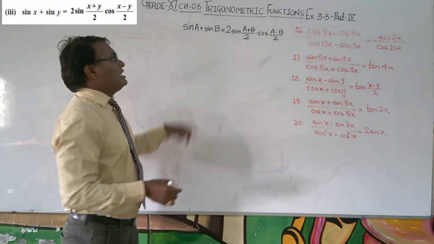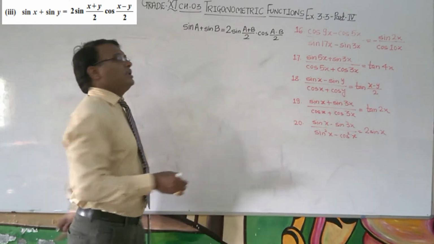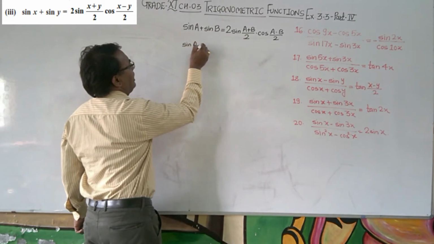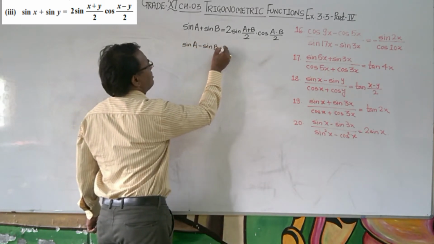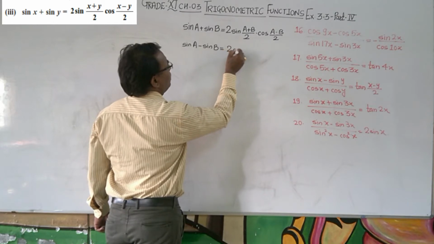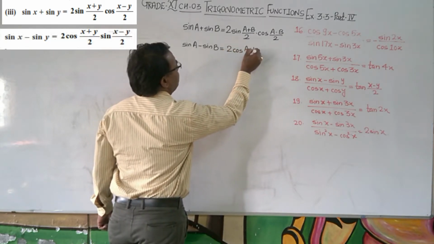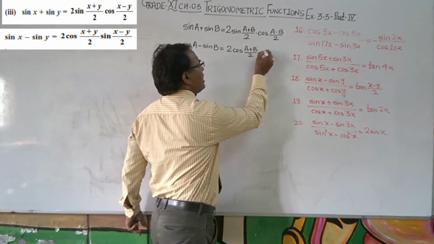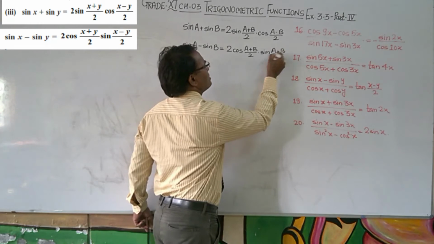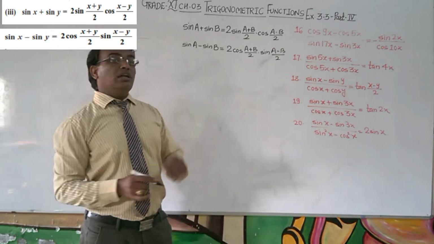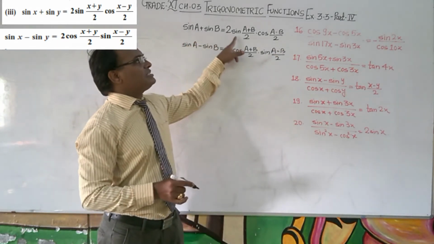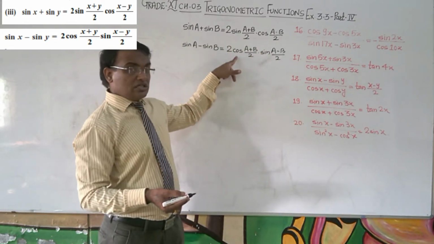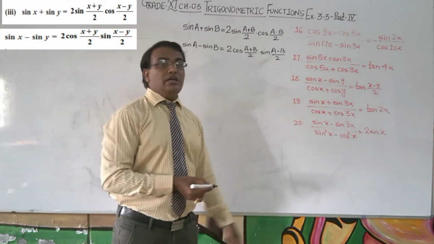If it is plus, then sin will come first and cos later, and if it is sin A minus sin B, then it will be 2 into cos of (A plus B) upon 2, and into sin of (A minus B) upon 2. A small difference. If it is plus, then sin will come first, cos will be the second one. If it is minus, then cos will come first and then sin will be there.